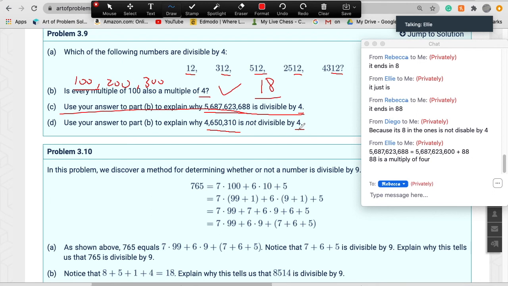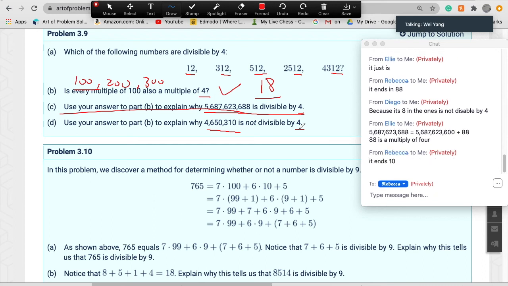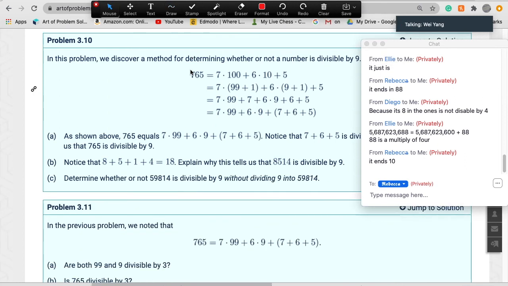Just because of the 10. Yeah, you're right, because of the last 2 digits. Rebecca, you're right. So 10 is not divisible by 4, and therefore this number is not divisible by 4.